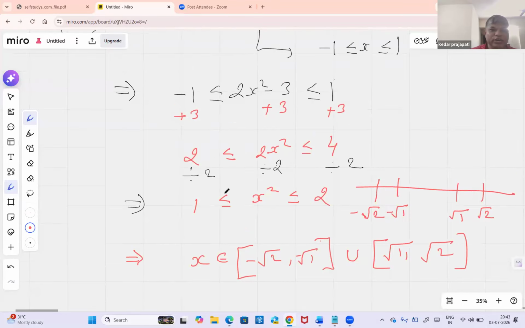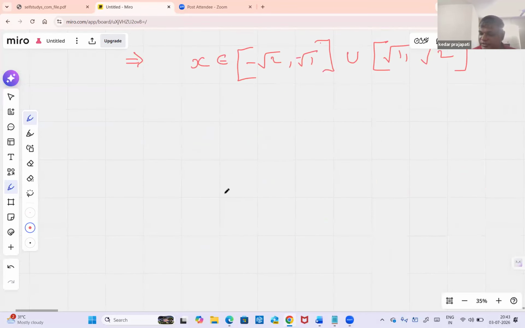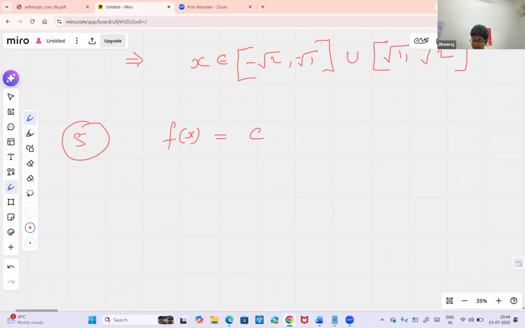So this was two kinds of questions, right? I'll take another question and explain you another type. So, very important question. Right? It is asking, find the domain of cos inverse x plus sin x.